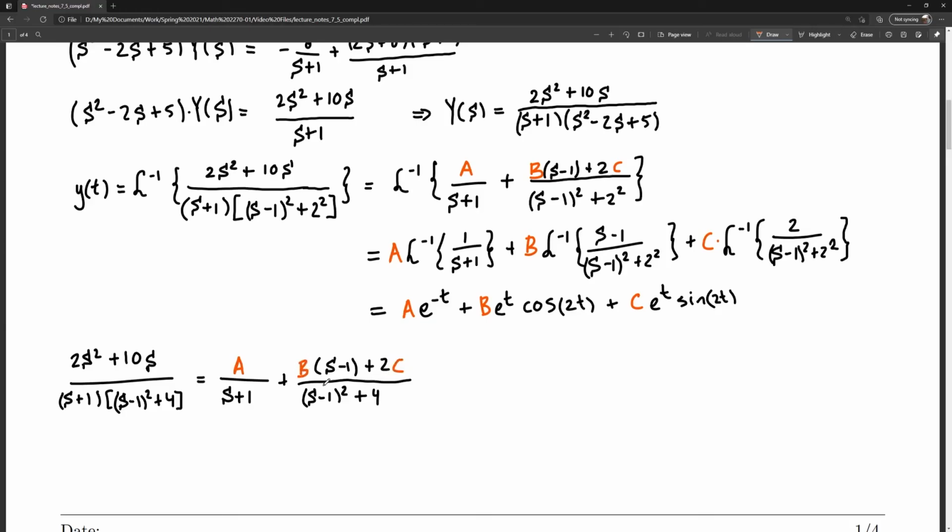And we've done several examples of that in the previous section.